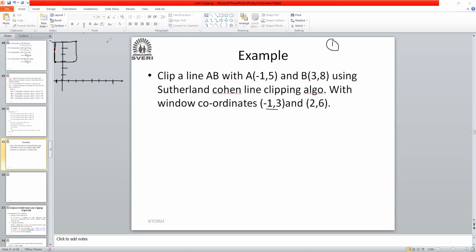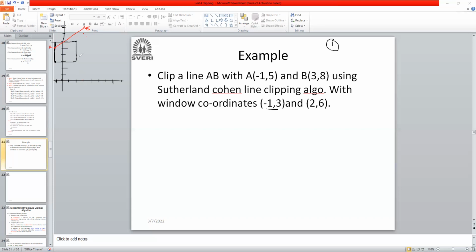So I will extend this line, the y coordinate. This is your 7 number, and this is 8 number. Okay. So you have got the line like this. Okay. -1, 5 to 3, 8. So these are the two endpoints, point A and point B. Okay, so the line is also completed.